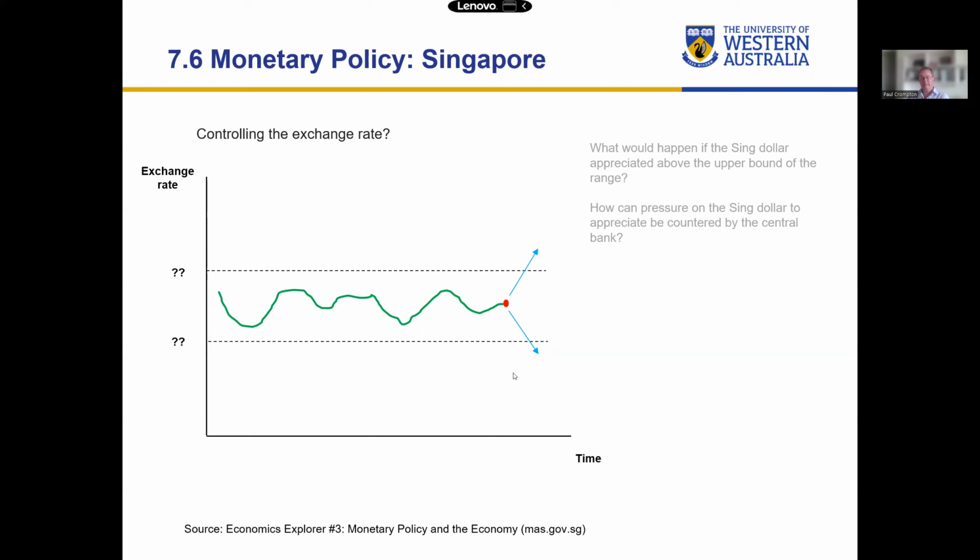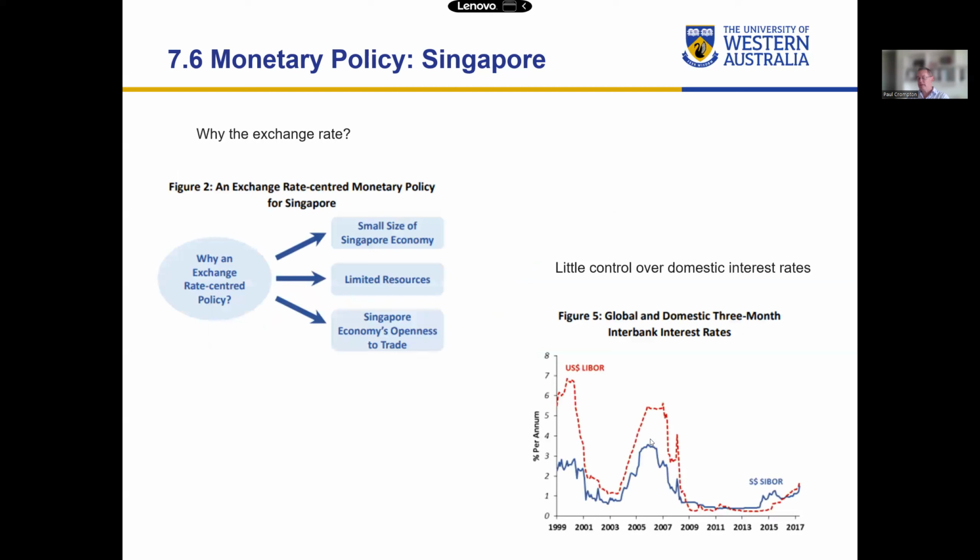Now that's where things get a little bit complex, because there must have been something else going on which was affecting the value of the Singaporean dollar, perhaps placing upward pressure on its value, which then required this interest rate differential to offset that pressure to create overall stability in the value of the Singaporean dollar over time.